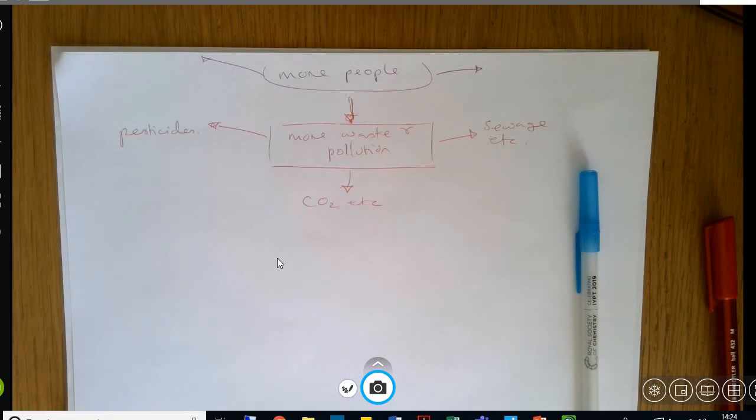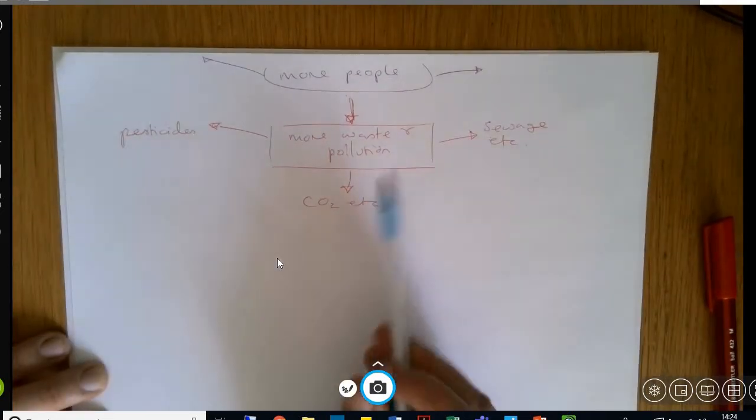I'm going to introduce to you this week's topic, which continues our study of ecology and biodiversity. This week we're looking at the subject of pollution and the effects of pollution on land, water and air. So, let's get started.